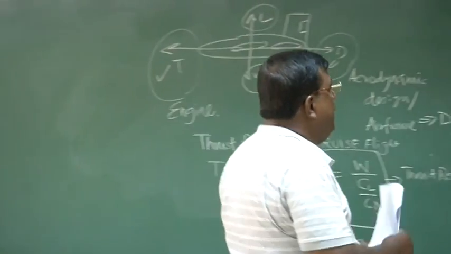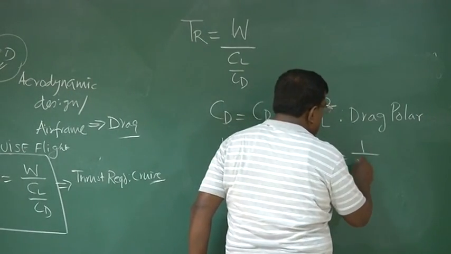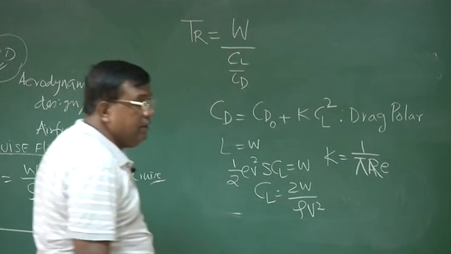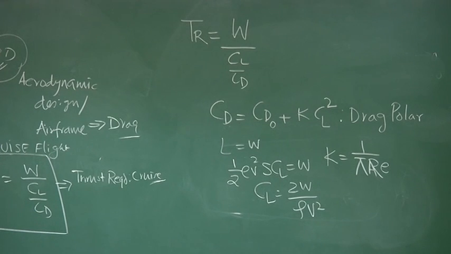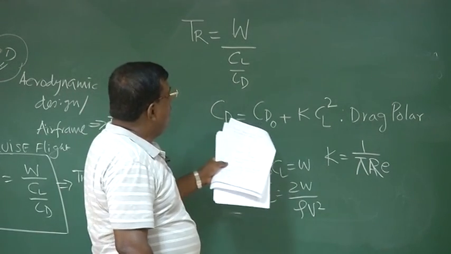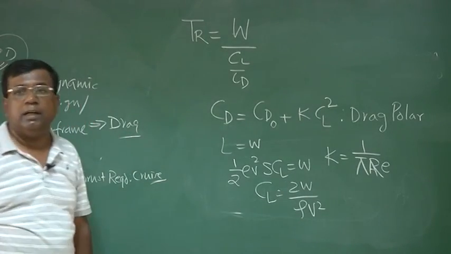And also K, you know K is 1 by pi aspect ratio E, where E is the Oswald efficiency. It could be between 0.7 to 0.9. So all these values are known. Once I know this, for a given flight condition, I know CD, I know CL, so I can find out CL by CD, as simple as that.